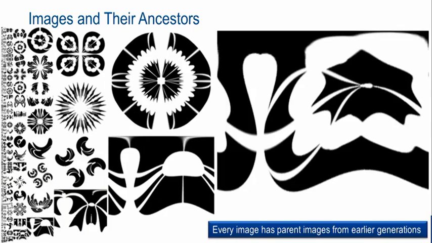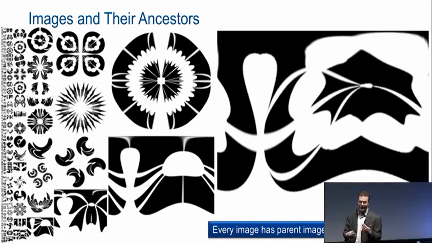And you can kind of see, as you go from the largest image and follow the lowermost branch, that there's a real family resemblance among these images, right? But they've brought in elements from the other images that they were crossed with. So that's kind of an interesting way to look at these things.